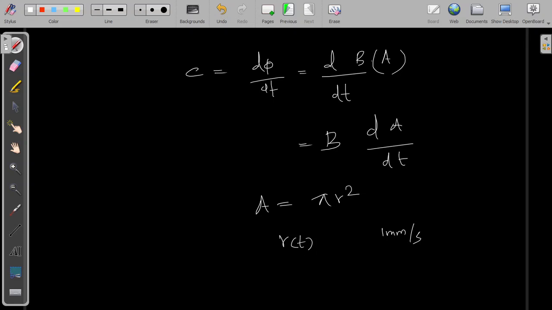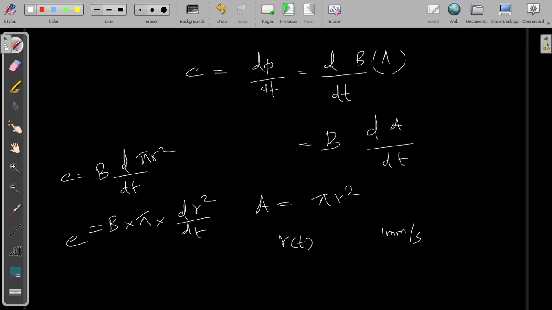So what happens is we have E is equal to V into d by dt of pi r square, that is E is equal to P into pi into d by dt of r square, which means 2 into r into dr by dt, because r is a function of time t.